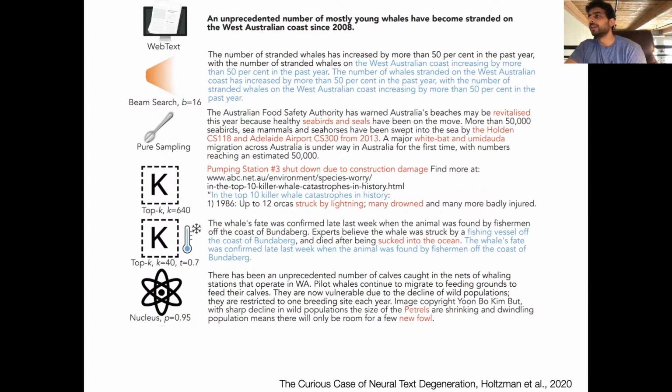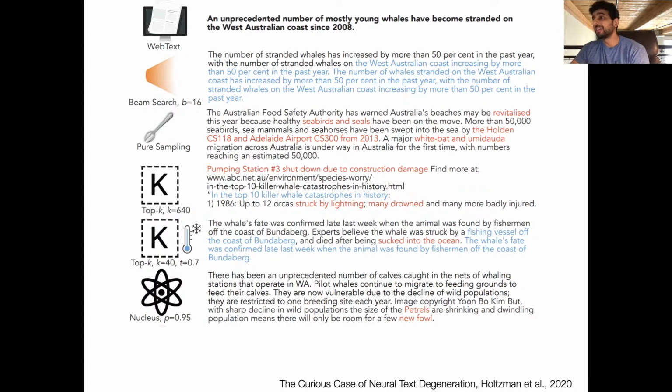I agree that if one word is extremely probable and the second to tenth words are very low probability, then it's not great if you get a sample that selects one of those very low probability words.